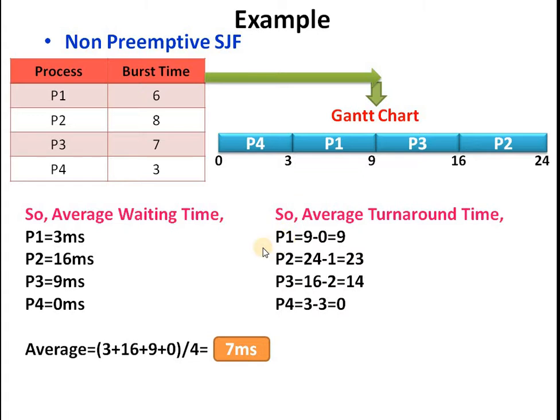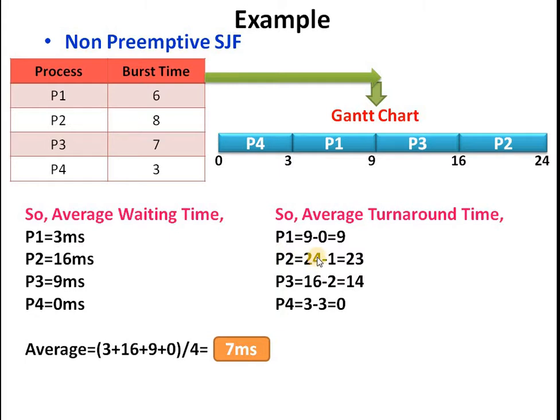Now the order of P1, P2, P3 and P4 as arrival time in the example is 0, 1, 2, 3. So the arrival time of P1 is 0, arrival time of P2 is 1, arrival time of P3 is 2 and arrival time of P4 is 3.